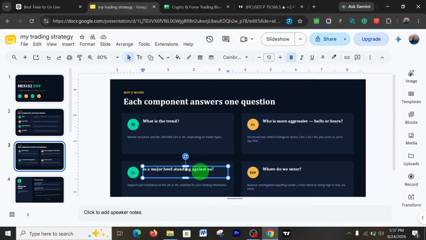Then we check the 2 hour support level if we're day trading, because you want to be careful that you don't go long if there is a strong resistance above you, so that it doesn't hinder the move and the trend doesn't just reverse. You have to ensure that there is nothing standing in front that could be a hindrance to the movement. That's what S2 is for.